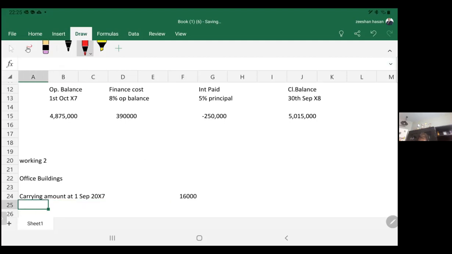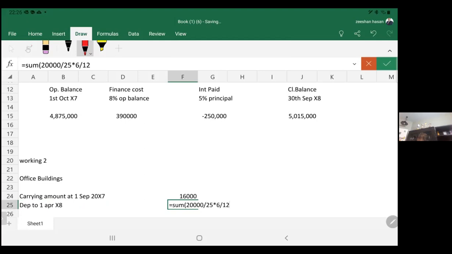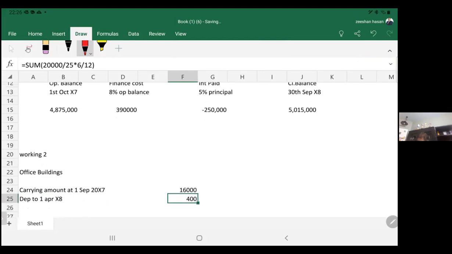Okay, depreciation. Now what will be the depreciation? Depreciation to 1st April is equal to 20,000 divided by the 25 years' life, multiplied by 6 months out of 12 months, and we will get 400.